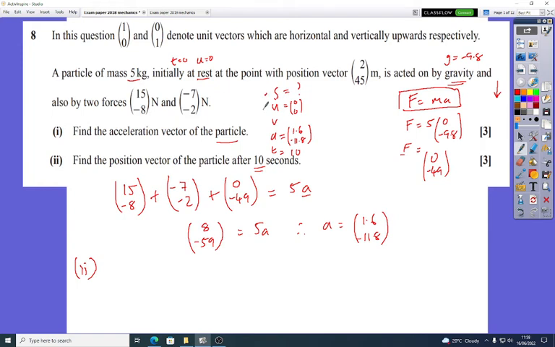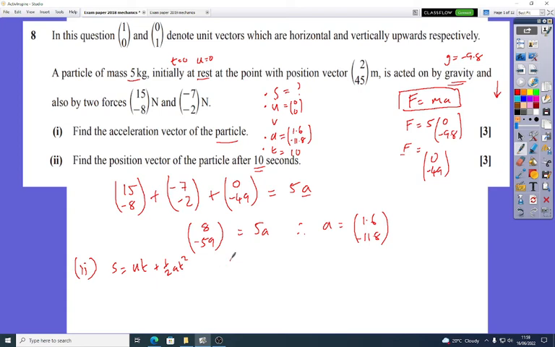So we need to find S, we've got U, we've got A, and T. So you can use the equation S equals UT plus half AT squared.